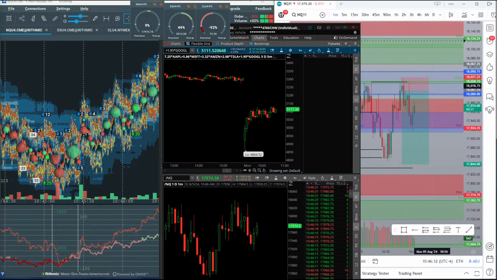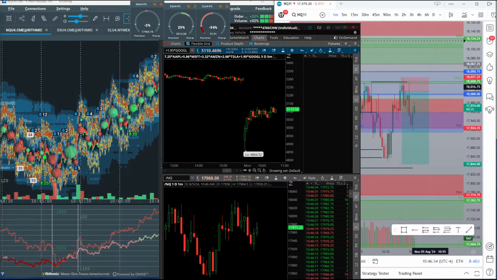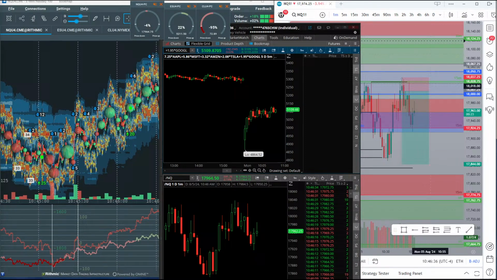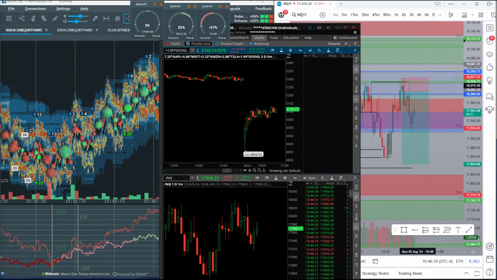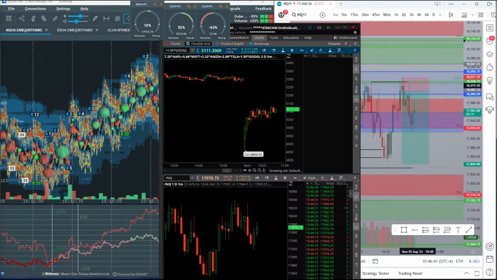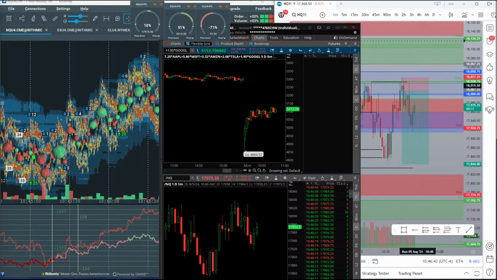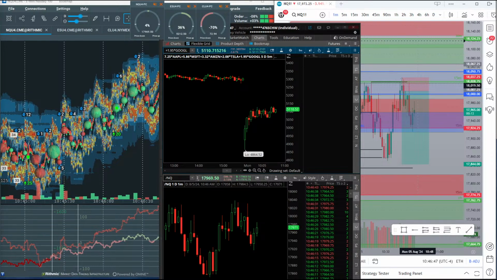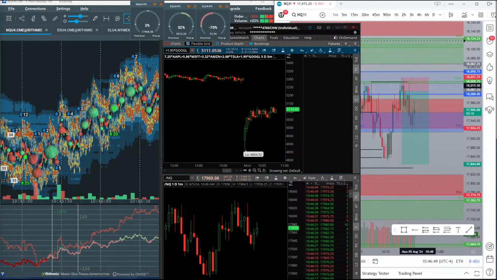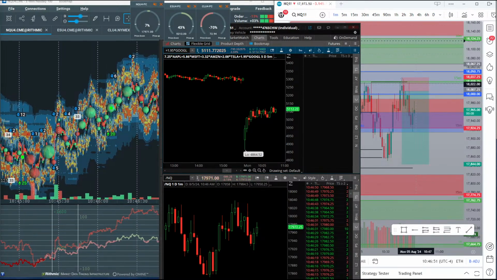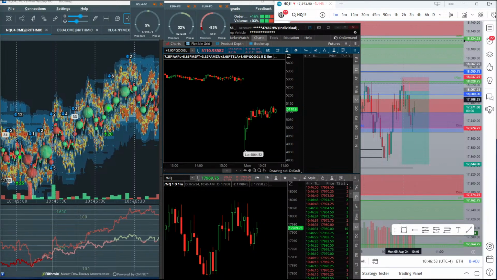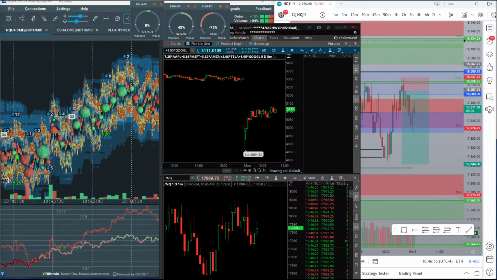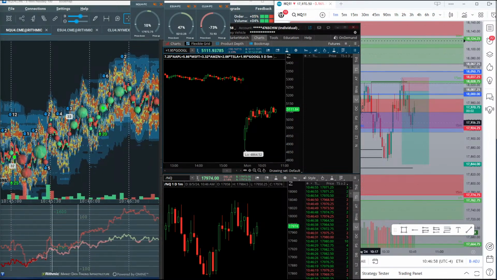I still got some sell limits up here, around 18,000 on NQ. I don't know if I want to take it anymore. And you gotta be so careful because this thing could literally spike up 30 points in the matter of seconds. That's the volatility that kicks in.